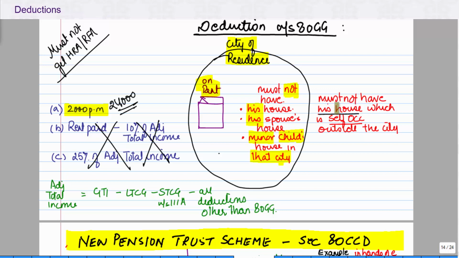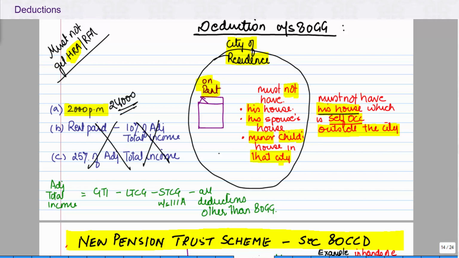And if you have a house outside the city, it should not have been claimed as self-occupied. Because if you've already claimed a house as self-occupied, then why are you paying rent? So these are the conditions of 80GG. A person who gets HRA will get a deduction for the rent paid while computing the exemption for HRA. Therefore, 80GG benefit is not given to a person who gets HRA.